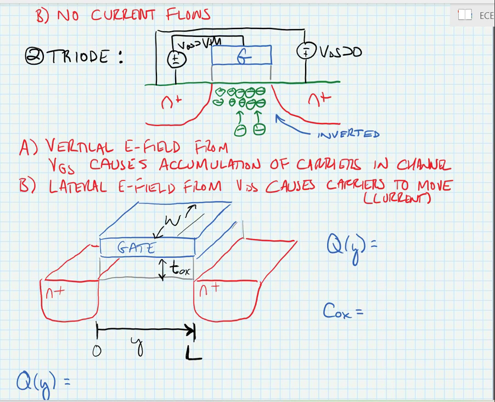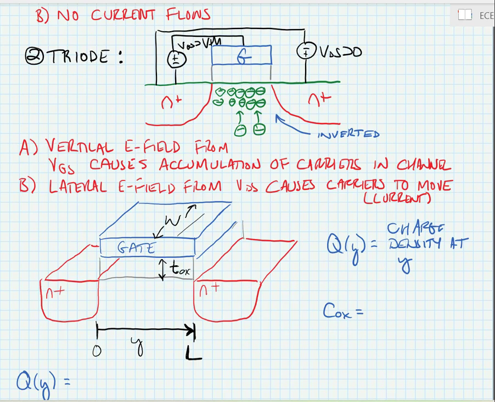Here we have a 3D view of our transistor. You can see that it has some width, some length, and the oxide has some thickness. Q sub y is the charge density at position y in the channel.